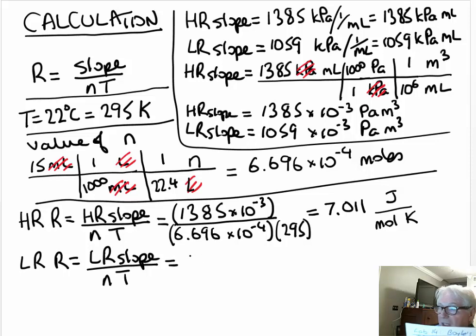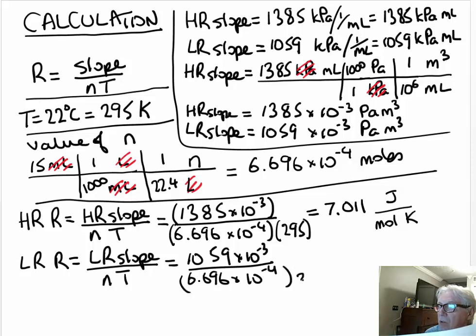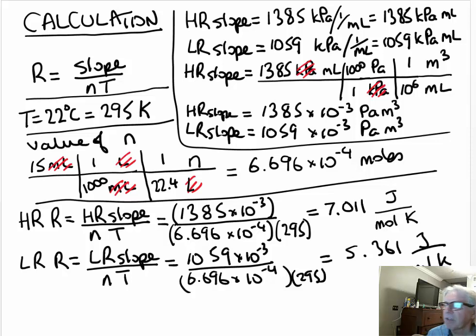So this is going to be 10.59 times 10 to the minus 3 over 6.696 times 10 to the minus 4 times 295, which of course is on the bottom, which gives us 5.361 joules per mole Kelvin.